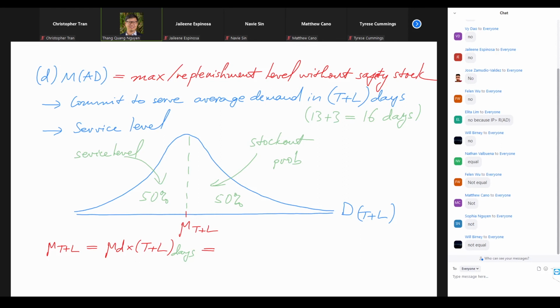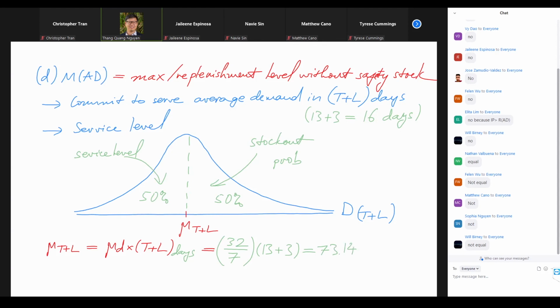So we would take 32 per week divided by 7 to have per day, right? That's our average demand per day. And then T plus L is again 13 days for the wait and 3 more days for the lead time, another wait for the shipment, right?